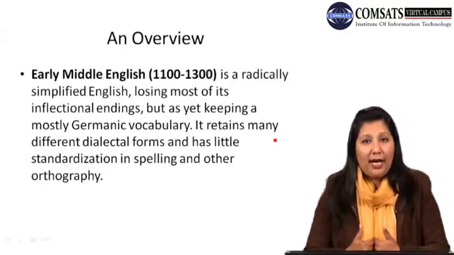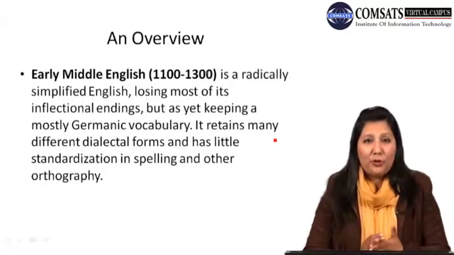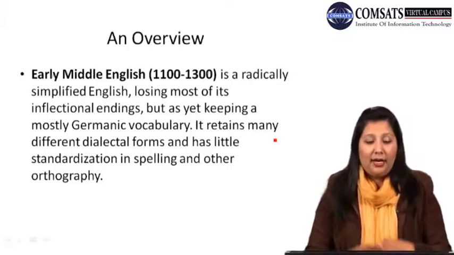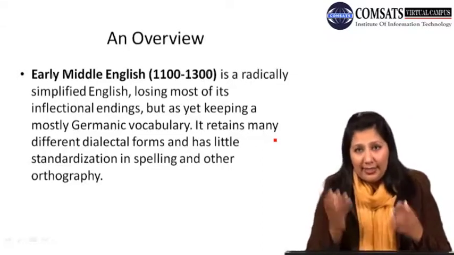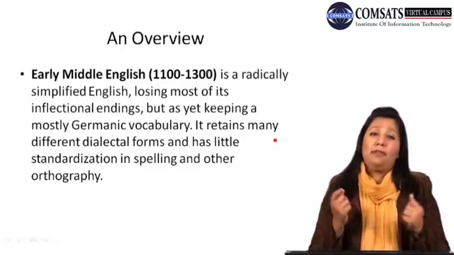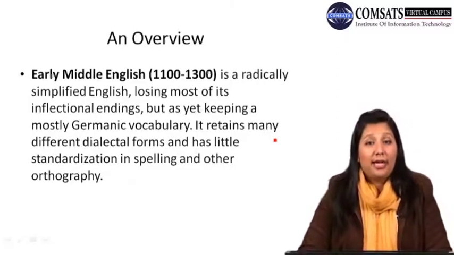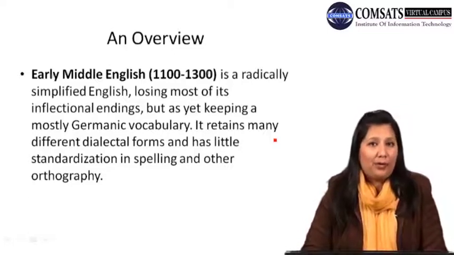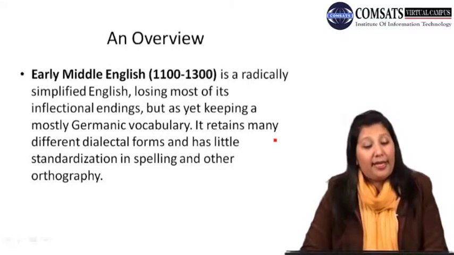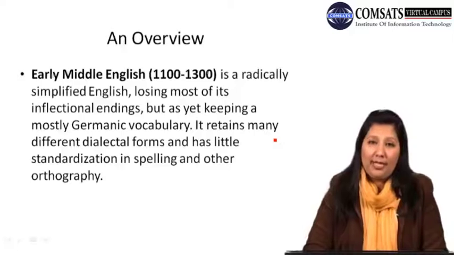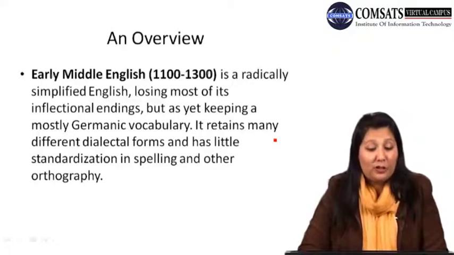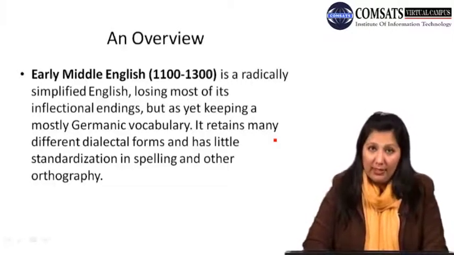So what we are finding in this Middle English period is that English does not have inflections, and it has a Germanic vocabulary right now. It retains many different dialectal forms and has little standardization in spelling and other orthography.